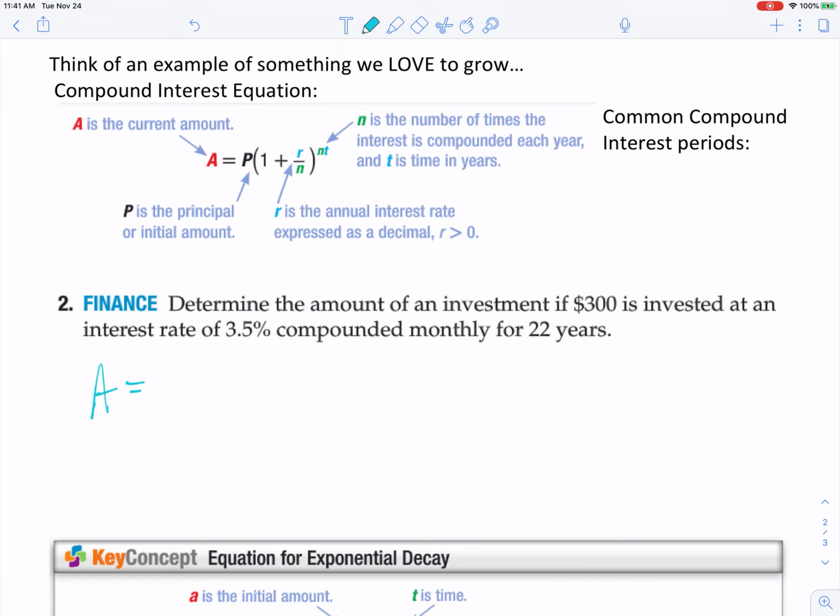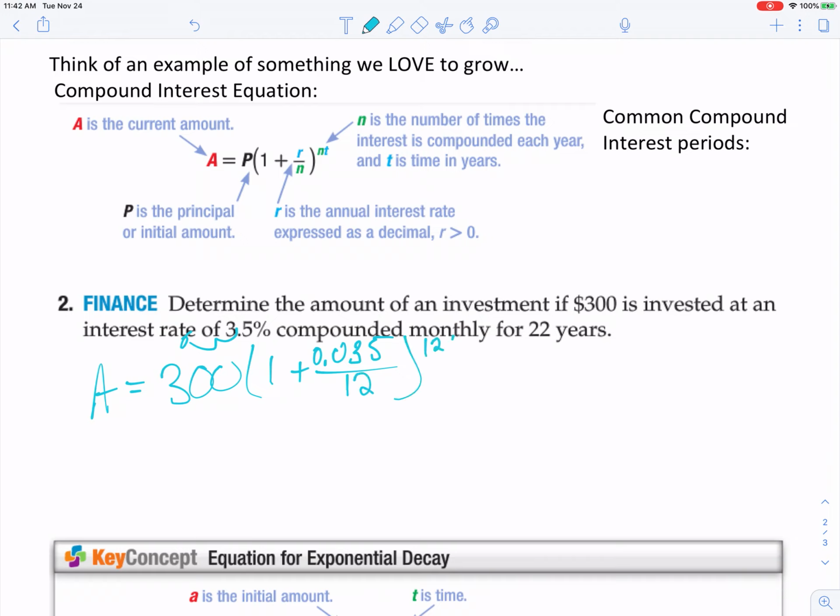Again, you're just plugging information in. P is the principal amount, so how much money did you start with? And the rate, again, is going to have to be a decimal. So I convert that, divided by number of compounding periods, n. It says it is compounded monthly. So how many months are in a year? 12.